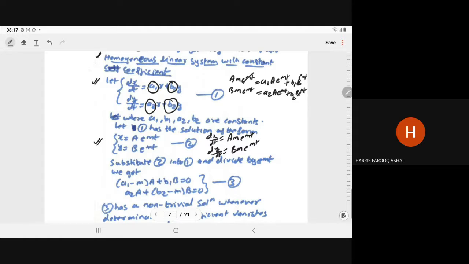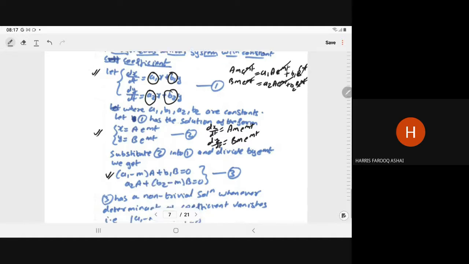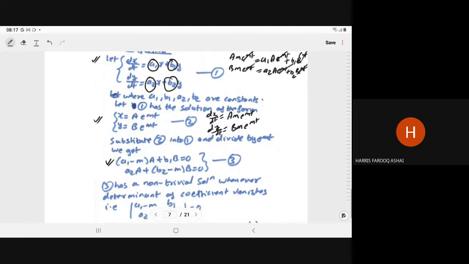So e to power mt is non-zero, so you can cancel it from all. On substituting this in the first and dividing by e to power mt, you will get two algebraic equations, a system of algebraic equations: a1 minus m a plus b1 b is equal to 0, and a2 a plus b2 minus m b is equal to 0.